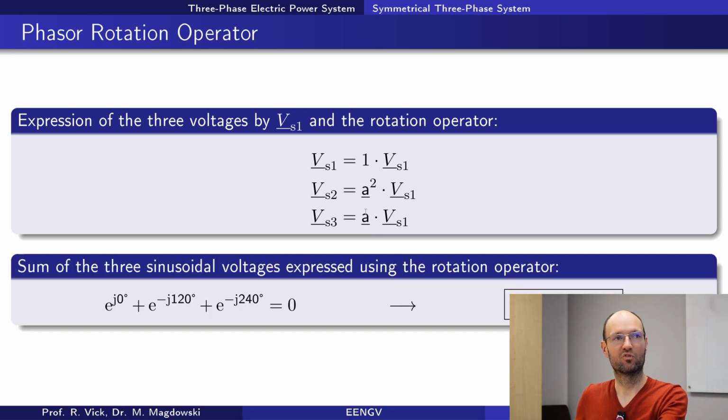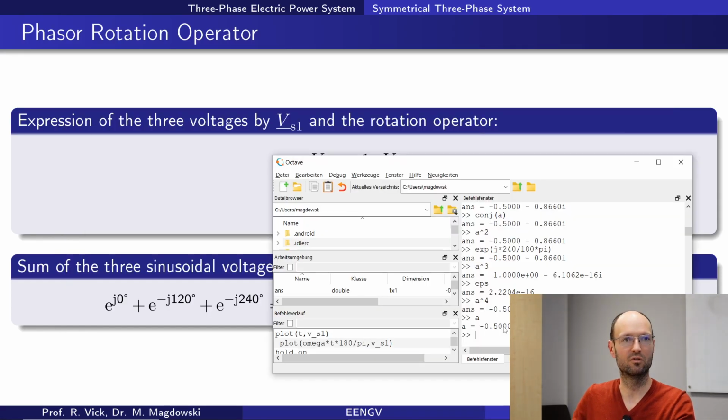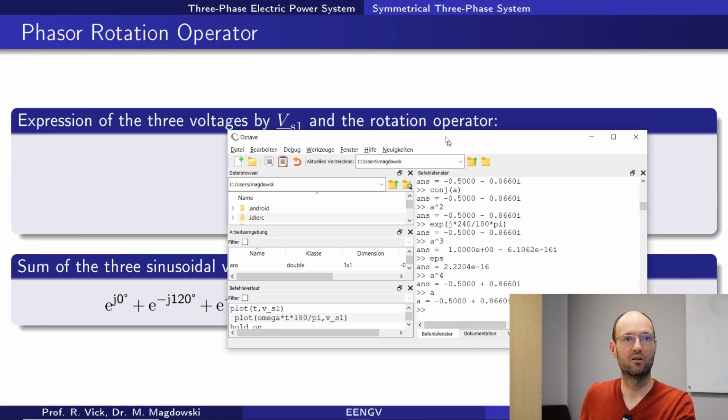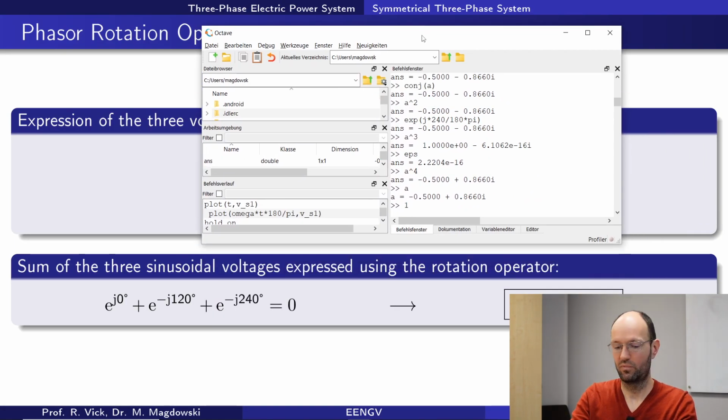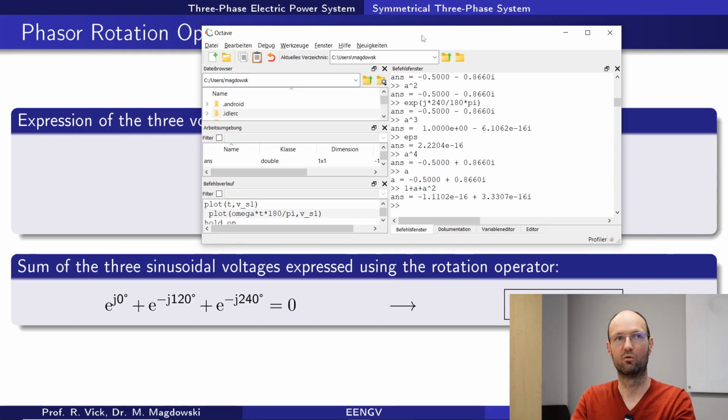With this, for example, we could once again calculate the sum as we did before. We can check: if I take 1 plus a plus a to the power of 2, we get 0 or something close to 0.